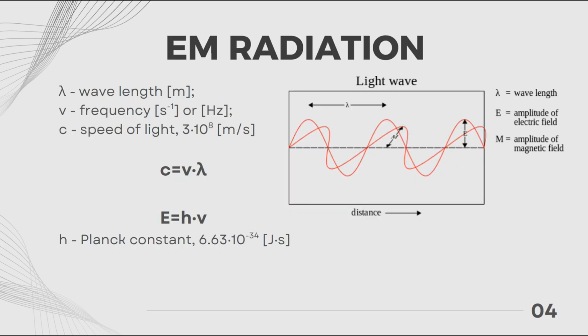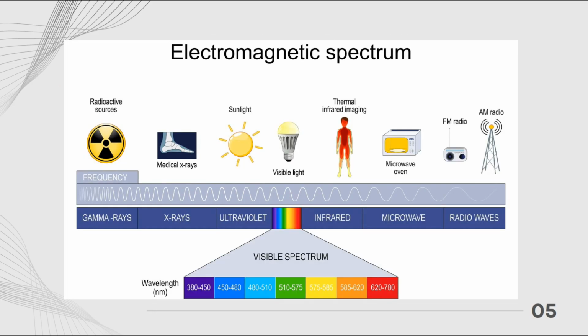The higher the frequency, the higher the energy. So here is the most energetic, let us say roughly aggressive radiation, and on the right we can see really calm, low energetic radiation.